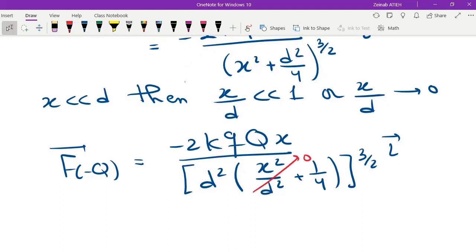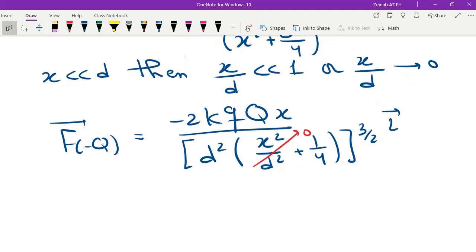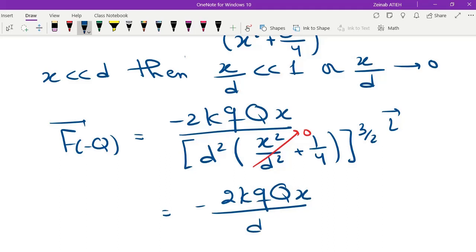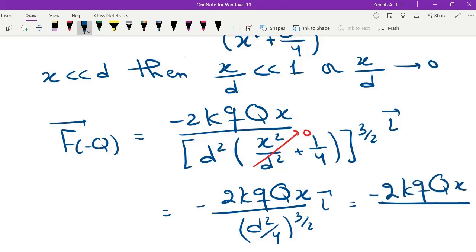And what does remain is F equals minus 2kqx over d squared over 4, all to the power 3 over 2. I can write it like this: minus 2kqx over (d over 2) squared, all to the power 3 over 2, i.